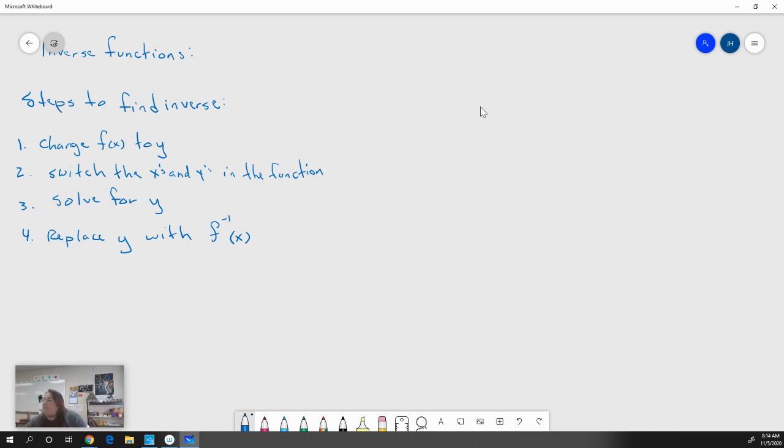So say I have my first example, f of x equals 3x plus 1. Nice simple problem, right? If I'm going to follow the rules on this, my first step is going to be change f of x to y.